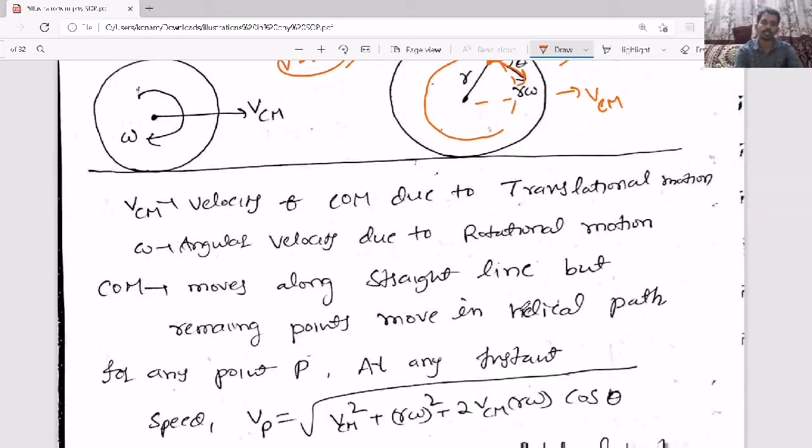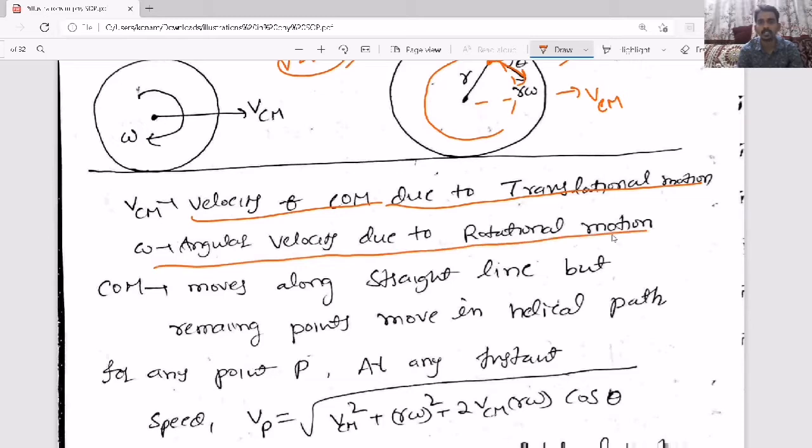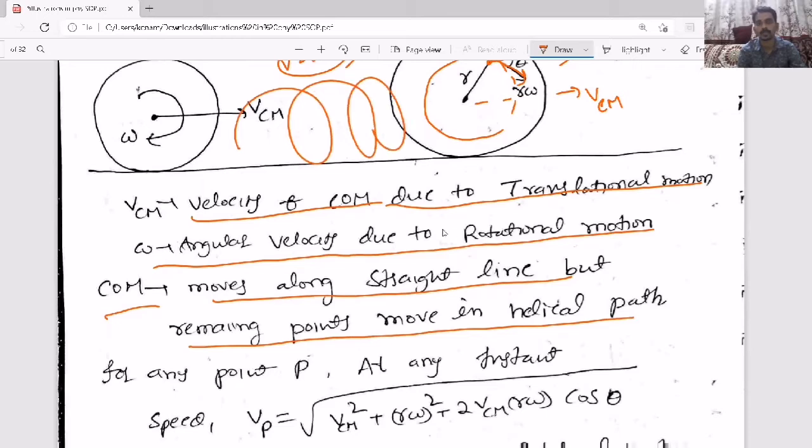But a few points are important: the velocity of the center of mass due to translational motion is VCM, and omega is the angular velocity due to rotational motion, which is the same for each and every point of the body. The center of mass moves along a straight line, but the remaining points move in a helical path. Like this they will move.